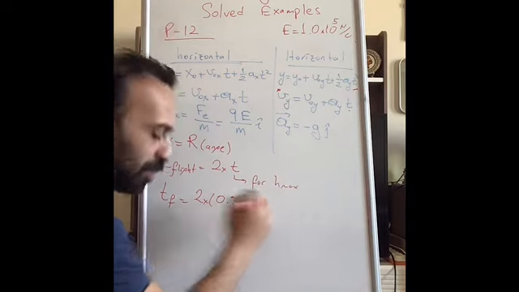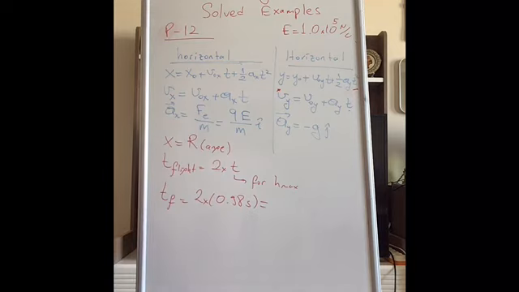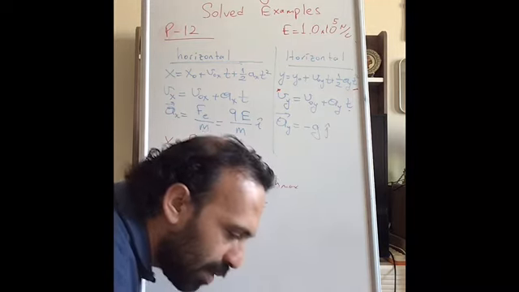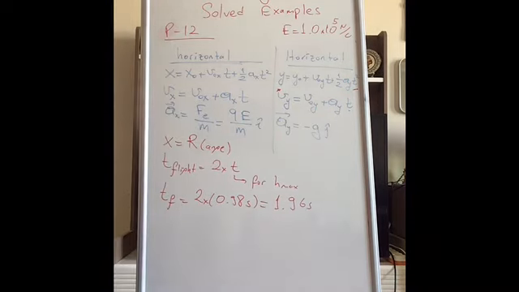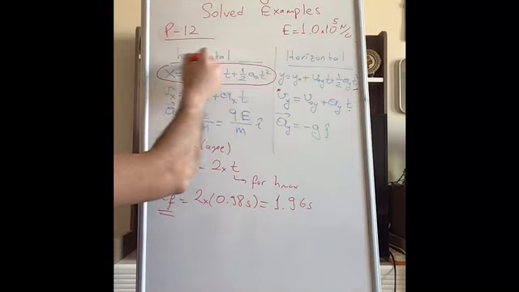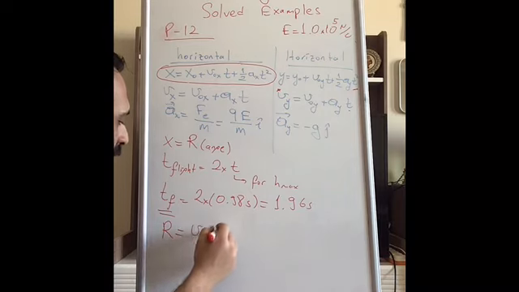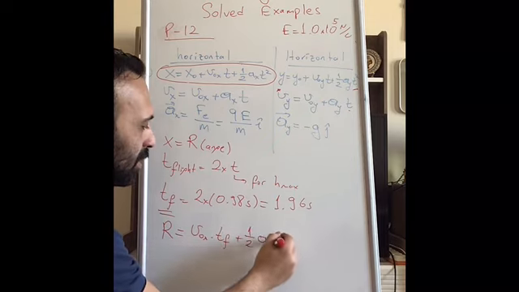Let me check my notes. Okay, it is going to be equal to 1.96 seconds, and I just need to plug that t flight into this equation to find the range. So range will be equal to x0, which is 0 because we assume the shooting point is at the origin, plus v0x times t flight plus 1/2 ax times t flight squared.